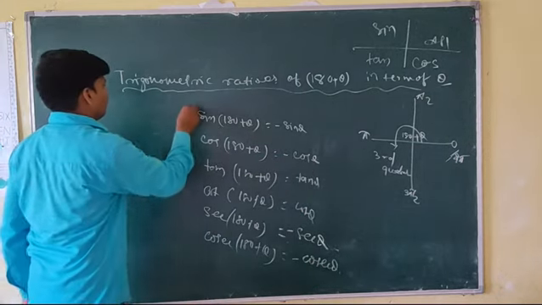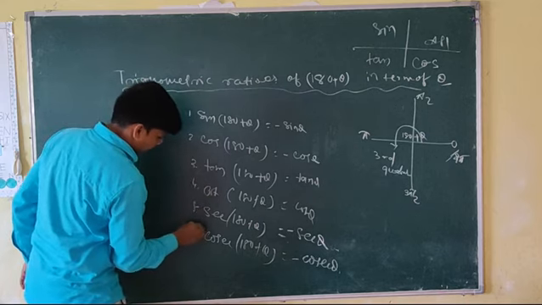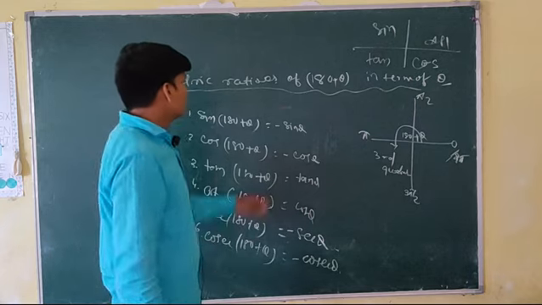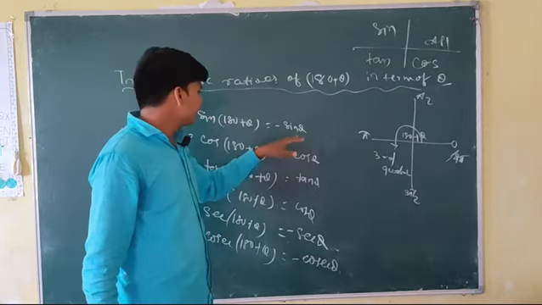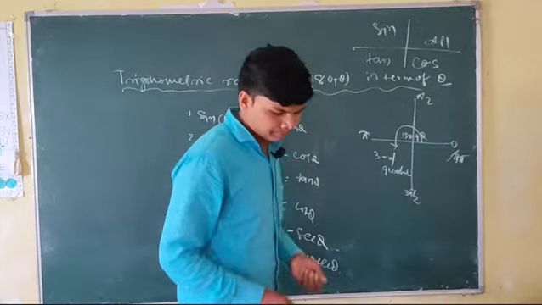So done. 1 2 3 4 5 6, these are all 6 ratios of 180 plus theta in terms of theta.